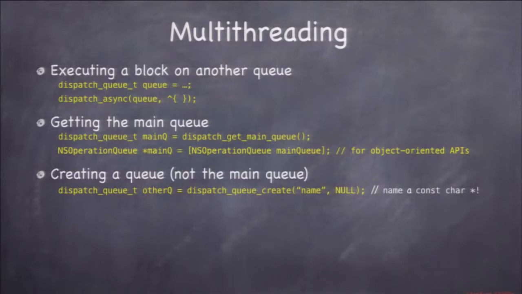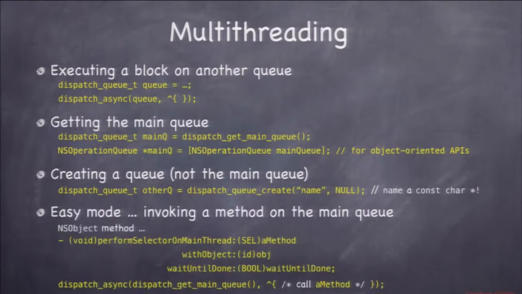This is about the only non-NSString you're ever going to see in this class, because this is the lowest level we'll go. It's a const char star, and here I'm just using the name. You just want to give it a name so you can recognize this queue when you see it in the debugger or something like that. And then the second argument is whether it's a serial queue or a concurrent queue. So NULL means it's a serial queue. And so that's the kind of queue we're going to talk about. Again, one person comes out of the line at a time.